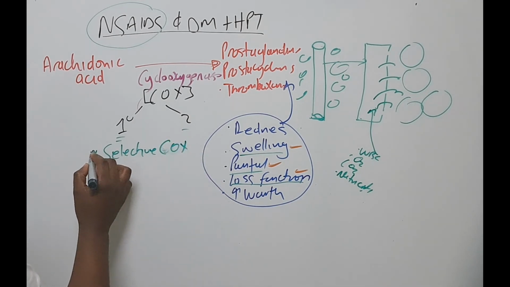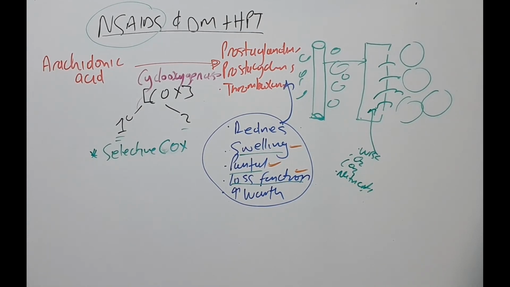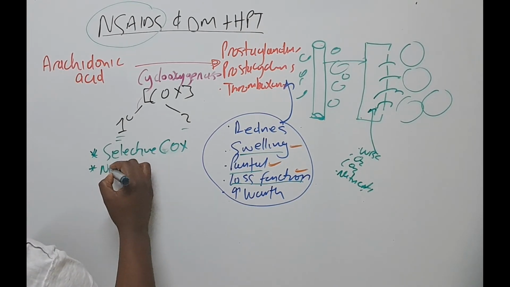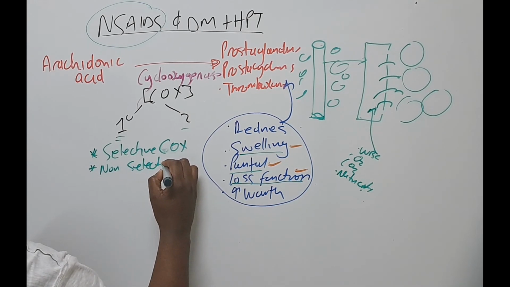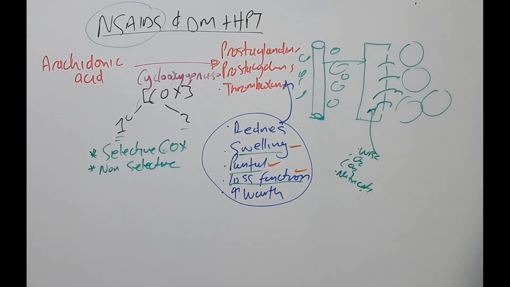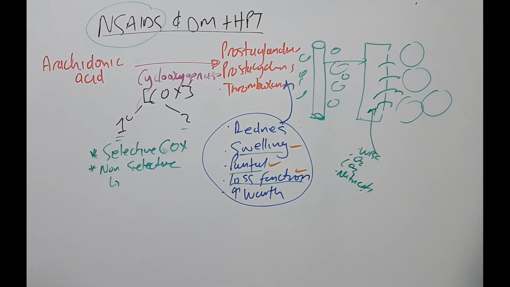So selective COX inhibitors can either block COX-2 or COX-1. The drugs that can block both COX-2 and COX-1 are called non-selective. Now, a lot of the drugs that we have are non-selective.